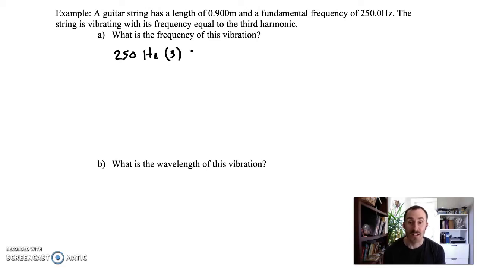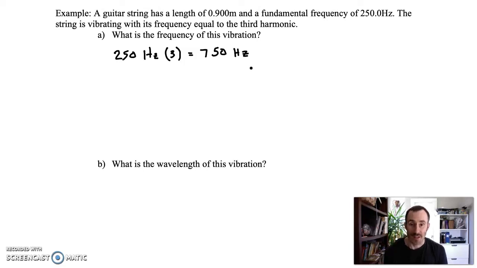The first harmonic is 1 times the fundamental, because it is the fundamental. The second harmonic is 2 times, the third harmonic is 3 times. And so this gives us a frequency of 750 Hertz.